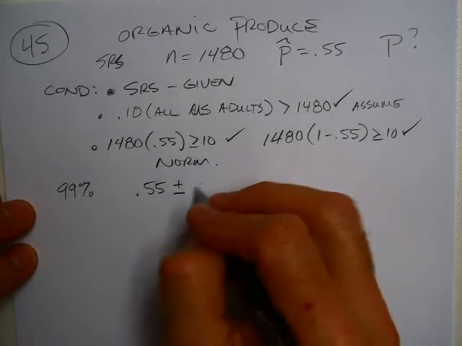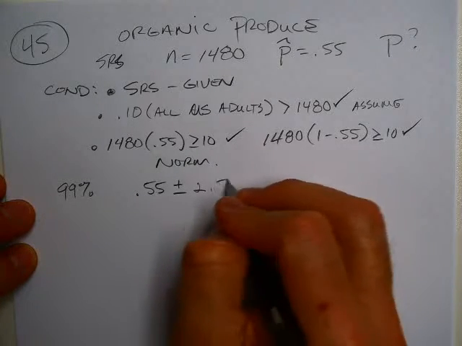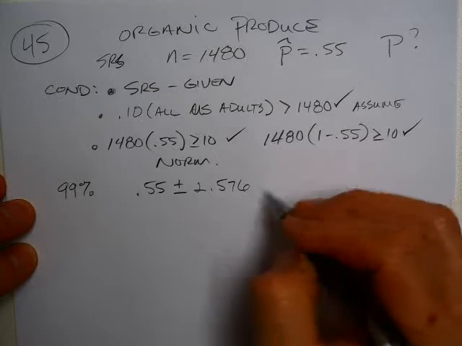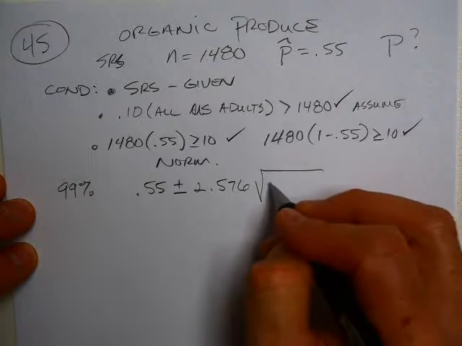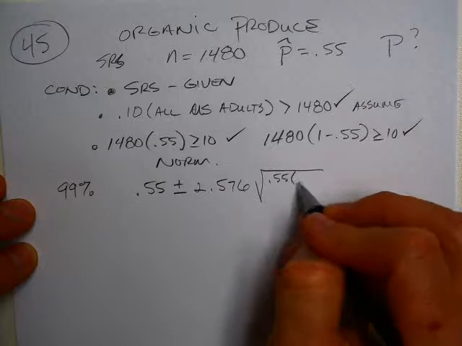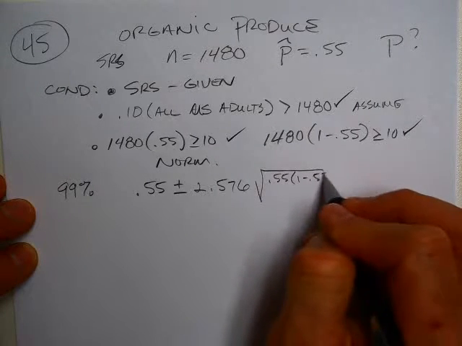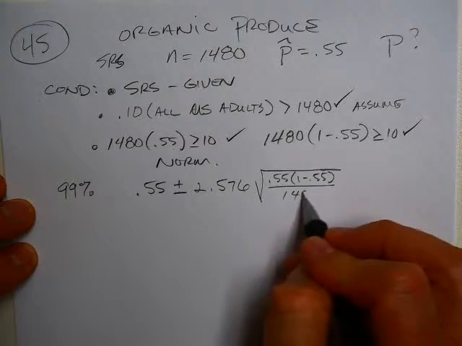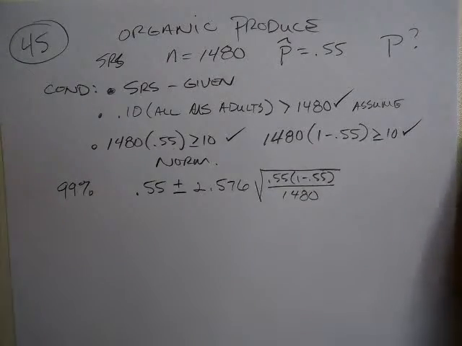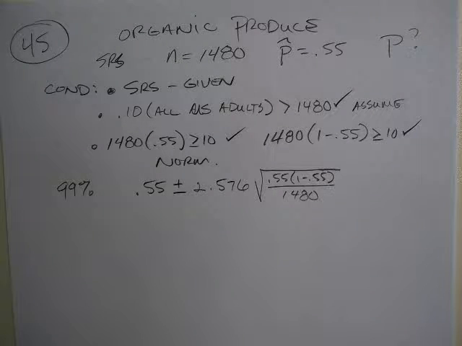That's the value on the board for 99%, times the standard deviation, 0.55 times 1 minus 0.55, or you can just put 0.45 there if you want, divided by 1480. This is the middle, plus and minus the margin of error.